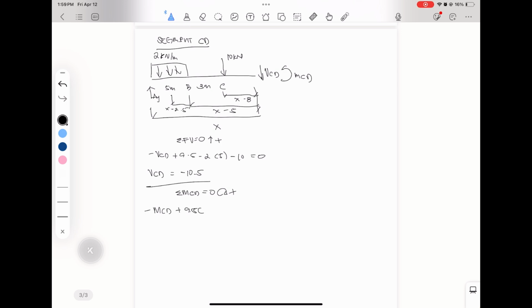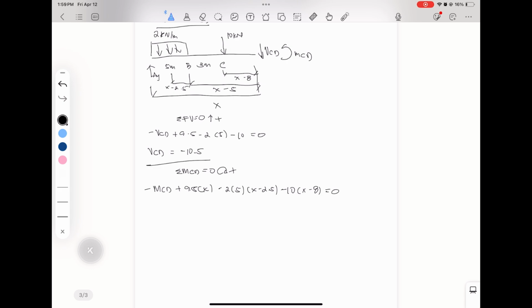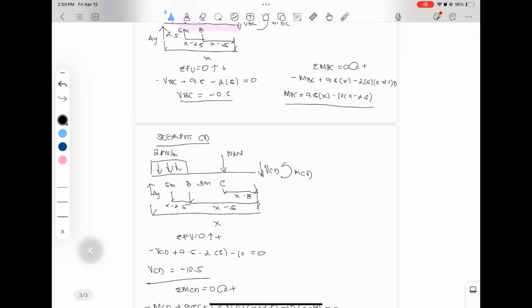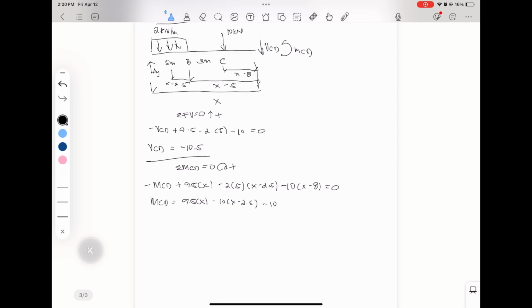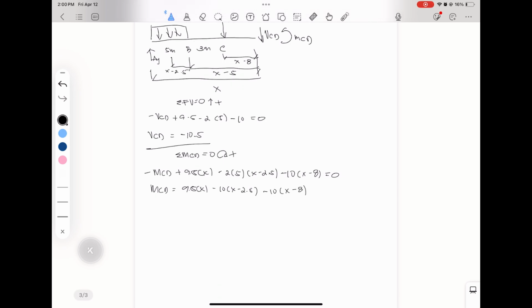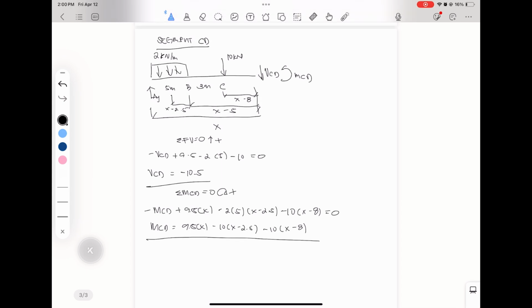Ay is 9.5x, same as before, negative 2 times 5 times x minus 2.5, and then the additional 10 kilonewtons, which is minus 10, and the distance, as you can see there, is x minus 8, equals 0. Then transpose MCD. MCD is equal to 9.5x minus 10 times x minus 2.5, which is the same as here, then the additional negative 10 times x minus 8. So that's for the whole equation.